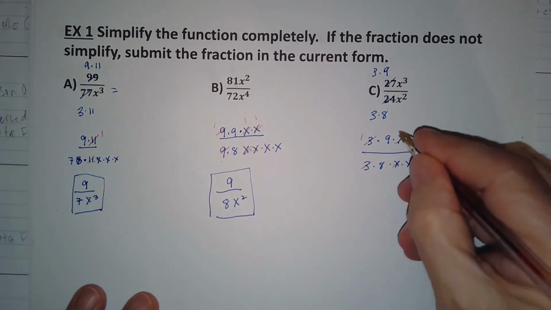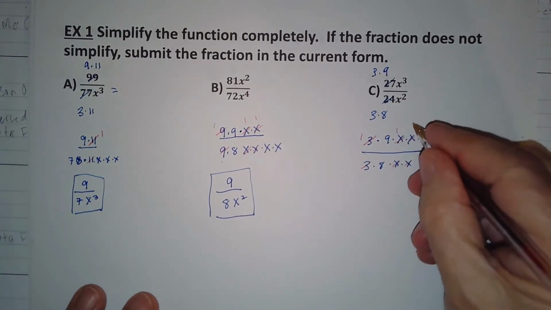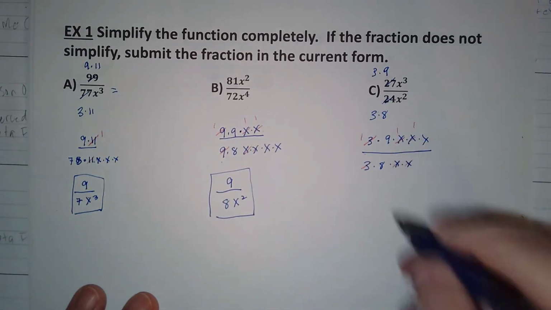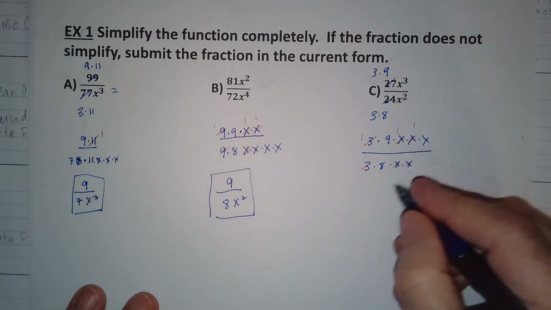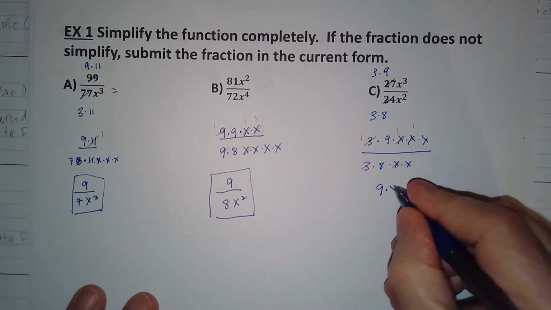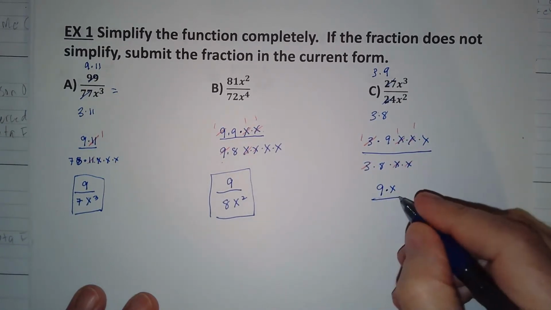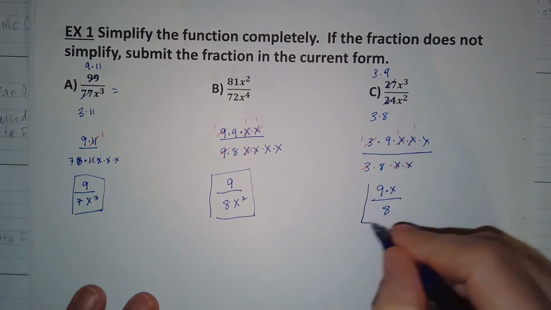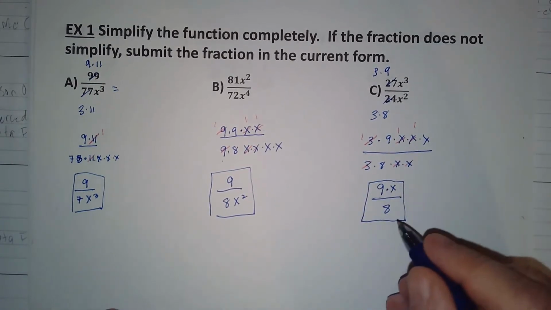X divided by x is 1. X divided by x is 1. And what are we left with? In the numerator, we are left with 9 times x. 1x left over up there. And down in the denominator, we are left with 8. Okay? So, perfectly acceptable answer.